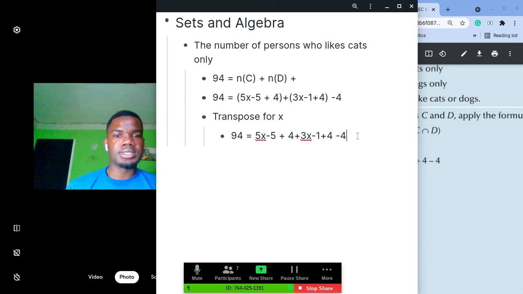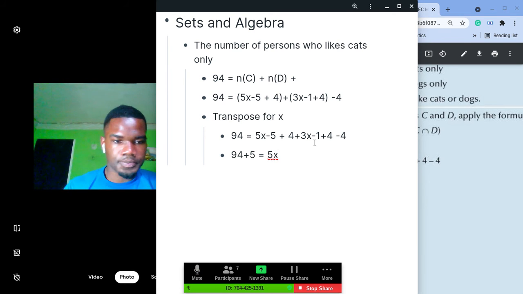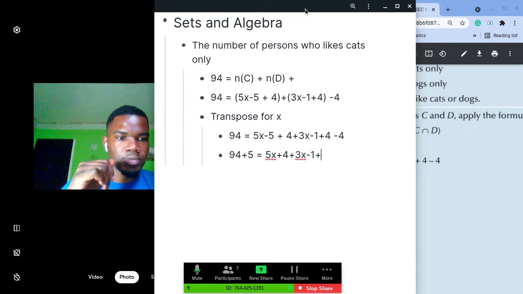So I'm going to say 94 plus 5 is equal to 5x, because remember the 5 is gone now, plus 4 plus 3x minus 1 plus 4. So plus 4 minus 4 gets removed.